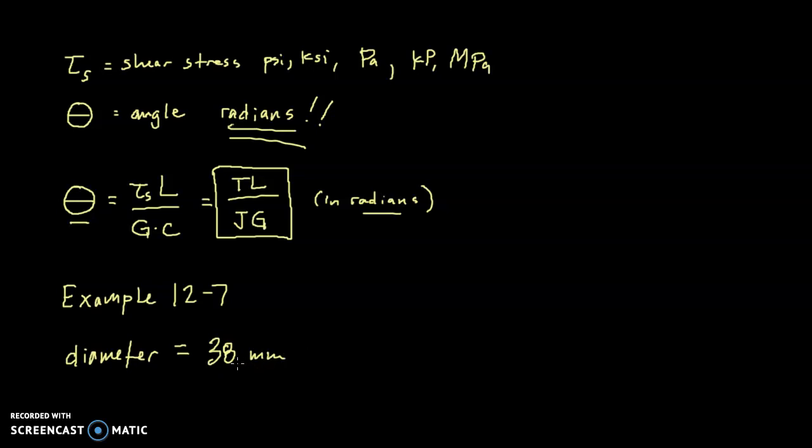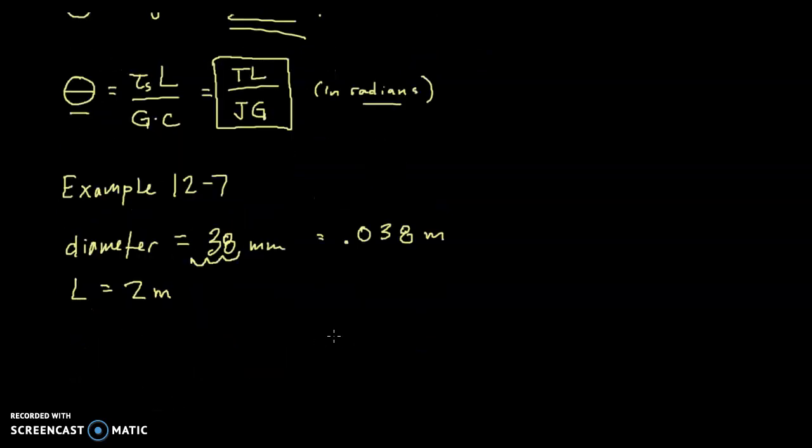So rather than saying 38 millimeters, I want to move this decimal place 1, 2, 3 times and say that's equal to 0.038 meters. The length of it is 2 meters. And it is subjected to a torque.